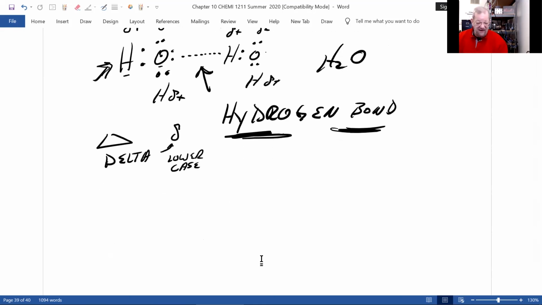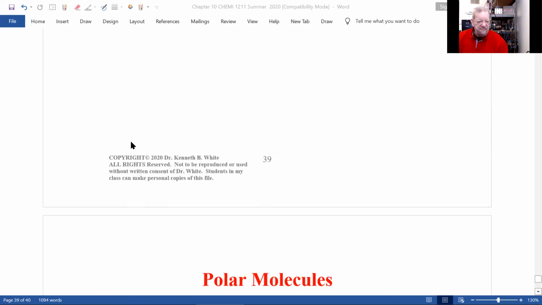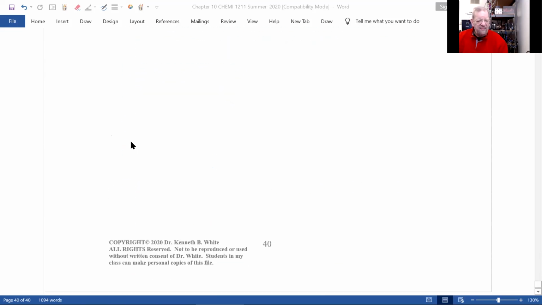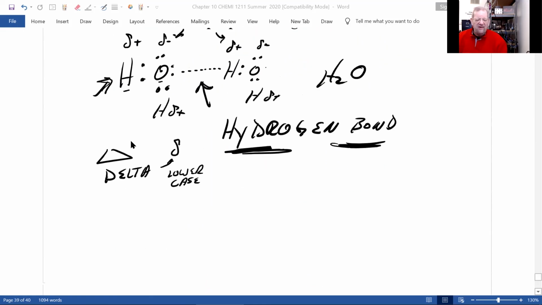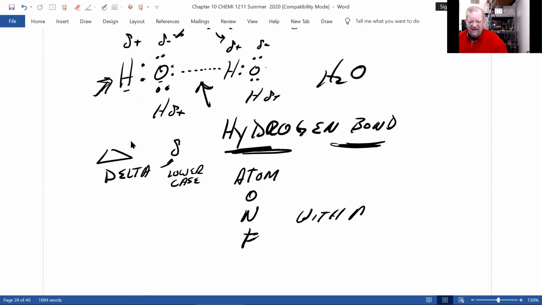And hydrogen bonding, let's see if I have a slide for this. I don't. Hydrogen bonding occurs in molecules with the atoms oxygen, nitrogen, and fluorine with a hydrogen on it, meaning on the atom.